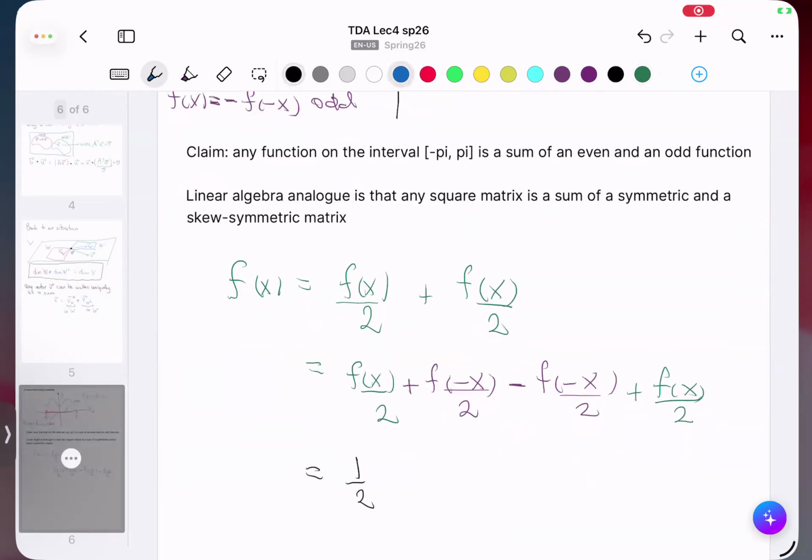So this is 1/2 of f of x plus f of negative x, plus 1/2 of f of x minus f of minus x. Right, so I just put this one as the first term and this one as the second term in here.